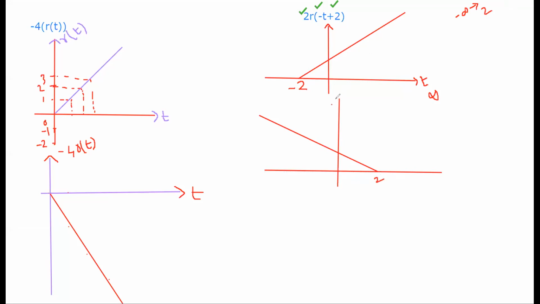So what is this? This is r of minus t plus 2. Now let us take the amplitude scaling of this particular one.